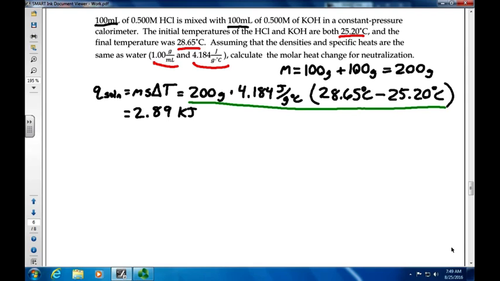I did that specifically because our end result has to be in kilojoules per mole. That's how molar heat is represented. Then you're going to have to recognize that the heat of the reaction is going to equal the negative heat of solution, which is going to make it negative 2.89 kilojoules.